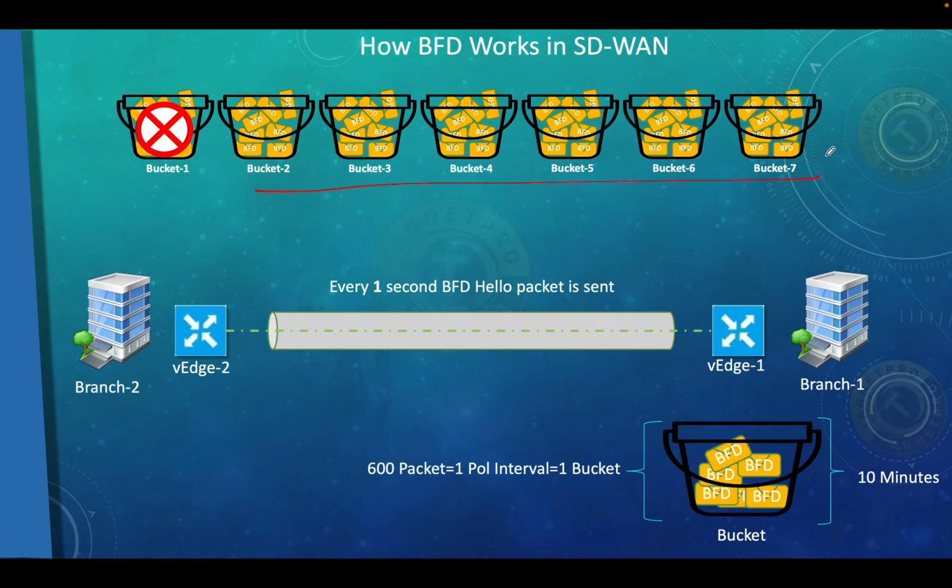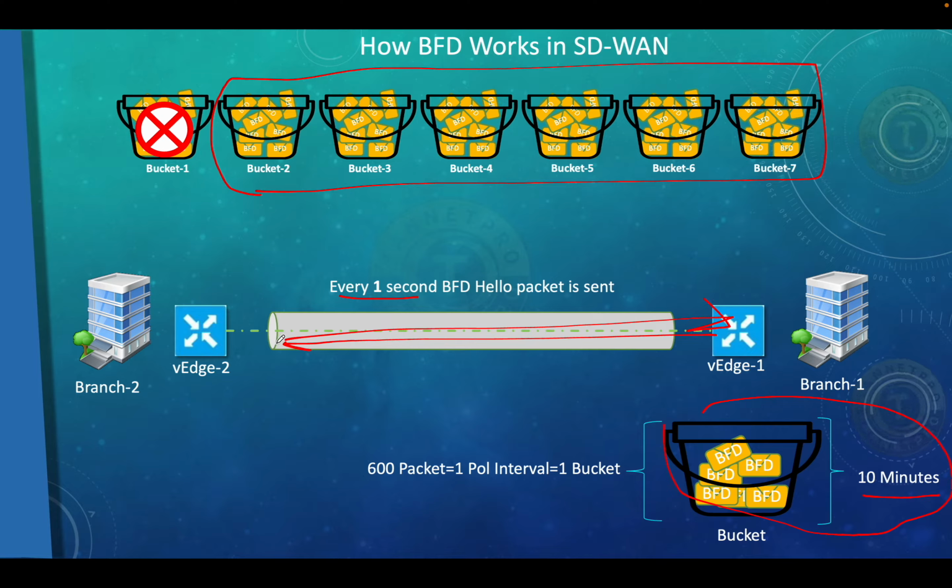So it always works with 6 buckets, and one bucket collects the BFD packets for 10 minutes, right? In every 1 second a BFD packet is sent and comes back with the information.